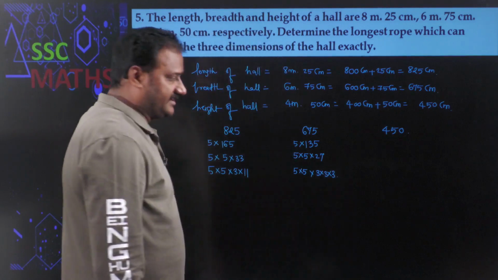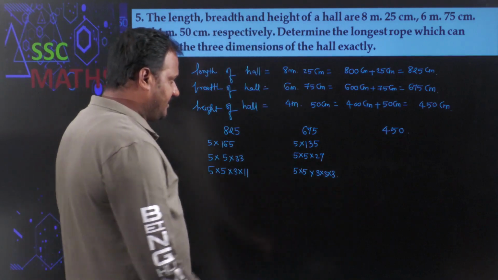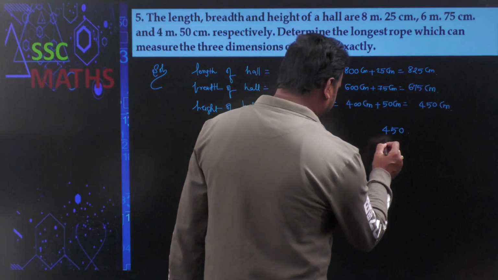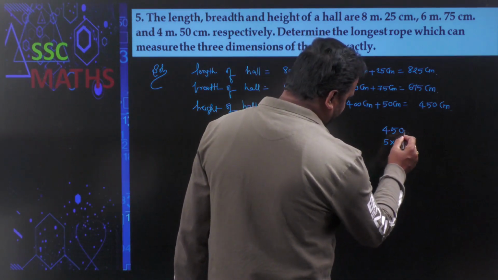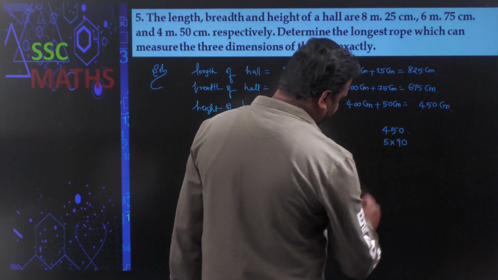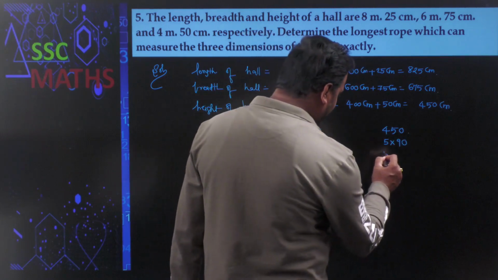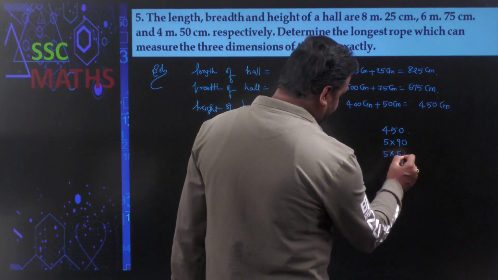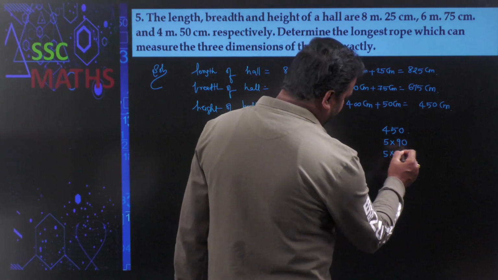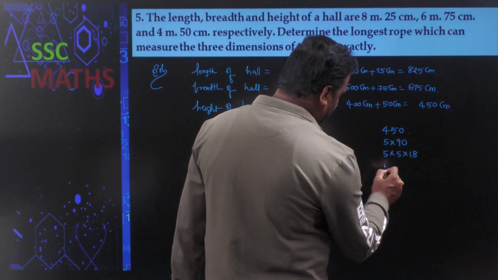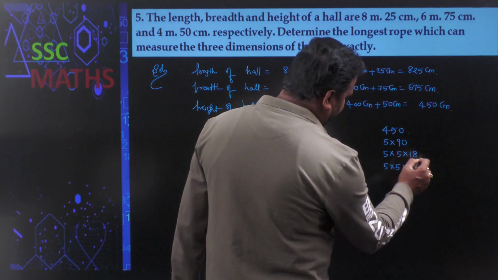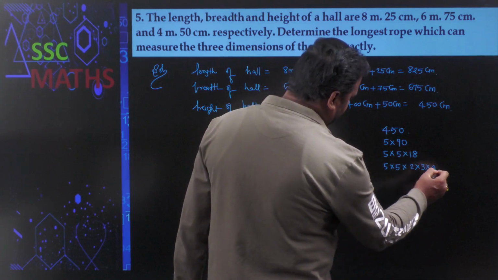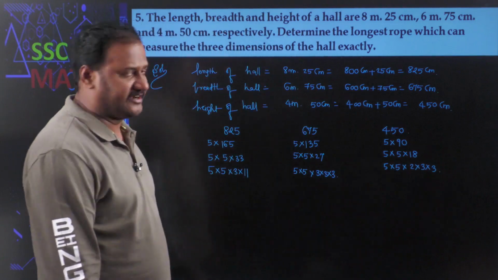This is the prime factorization of 675. Now 450: divide by 5 to get 90, and again by 5 to get 18. So it is 5 into 5 into 2 into 9, and 9 is 3 times 3. This is the prime factorization of 450.